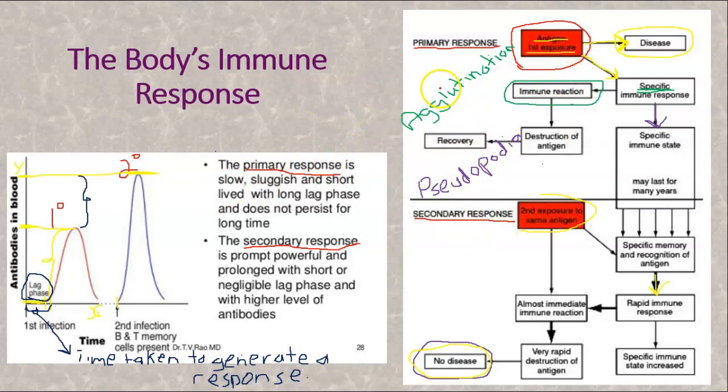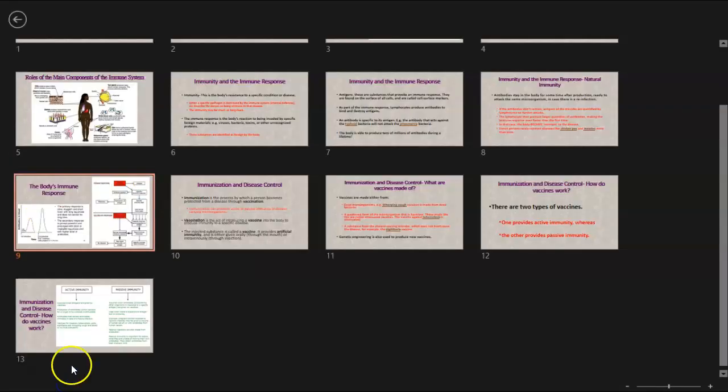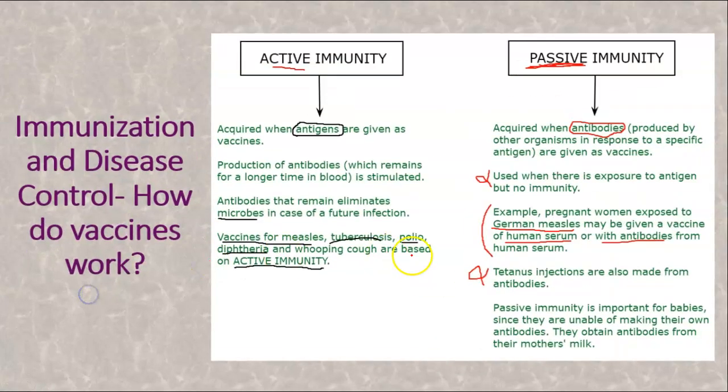Know the difference, and also be able to explain how the primary response influences the secondary response. Last but not least, the final slide is very important. You must know the difference, be able to explain the difference between active immunity and passive immunity.